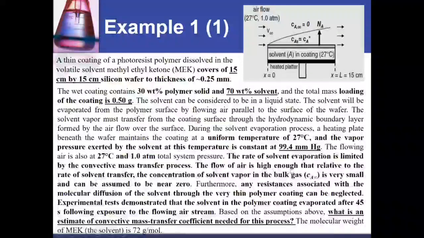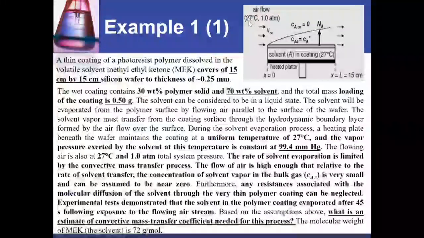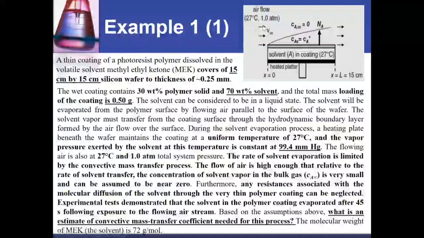The flow of air is high enough that, relative to the rate of solvent transfer, the concentration of solvent vapor in the bulk gas, Ca infinity, is very small and can be assumed to be 0. Because the air is flowing very fast, every fraction of a second you bring in new air, and the new air doesn't contain MEK, so it's pure.